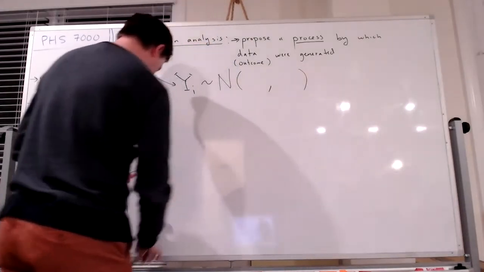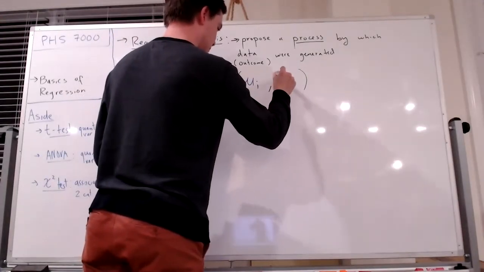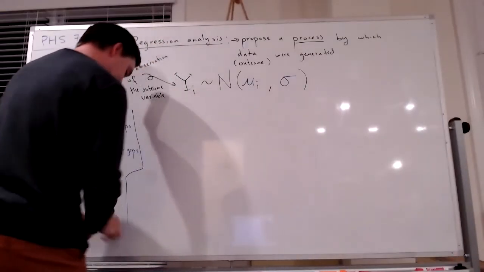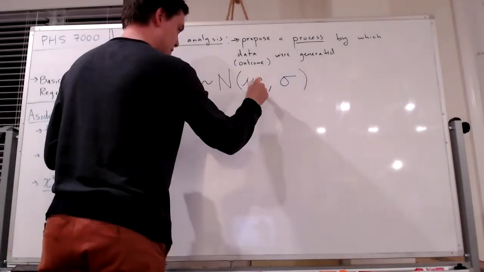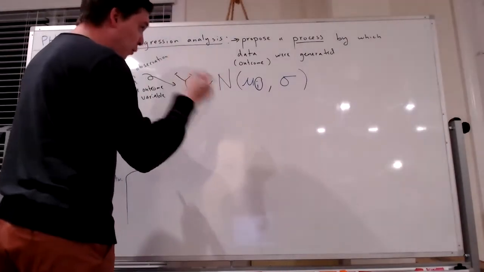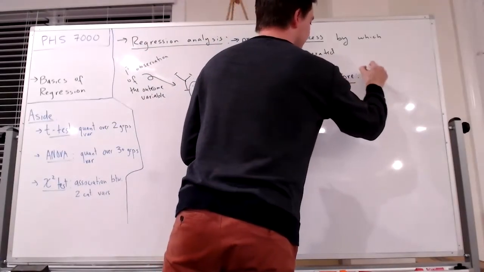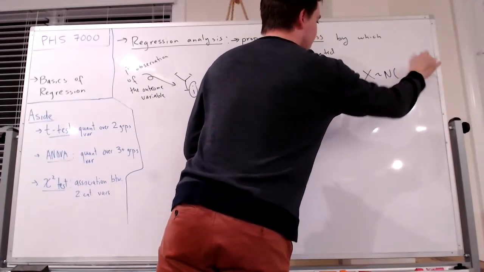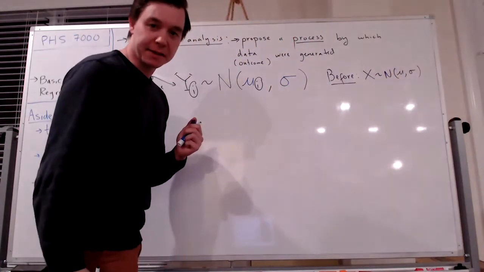Now I'm going to color code a couple of things. There's a mu and there's a sigma. And now pay close attention to these two subscripts. So before, we've written things like this. Whoops. That some variable x is normally distributed with some mean mu and some standard deviation sigma.